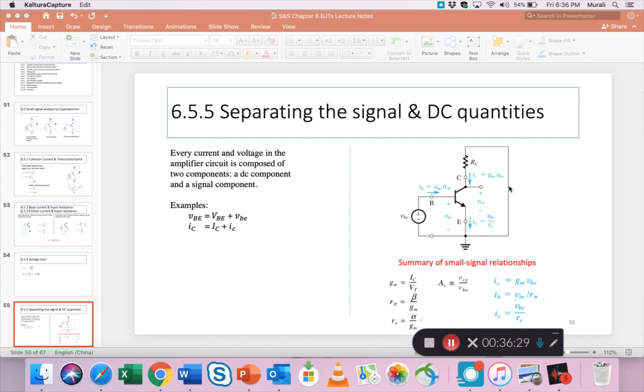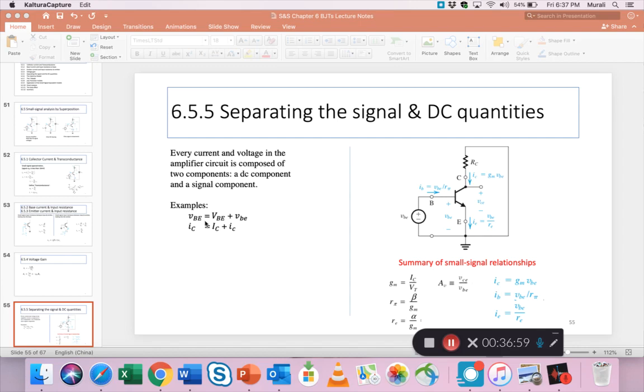Because we need biasing voltages at least greater than 0.7 volts to have these diodes conduct. So this circuit is just a symbolic circuit. It is only showing you the small signal relationships. But the reason we show this is to make our job easier of analyzing, right? So on the left side, I've got something that I want to tell you, and then the right side. The left side, I'm saying every current and voltage in the amplifier circuit is composed of two components, a DC component and a signal component, right?